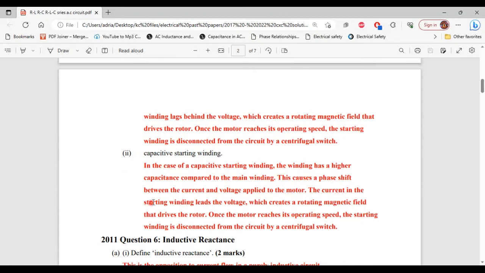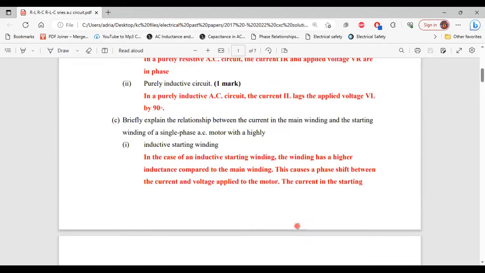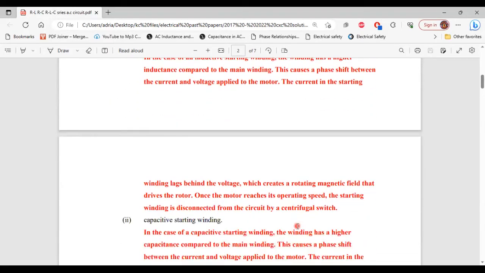The current in the starting winding leads the voltage, which creates a rotating magnetic field that drives the rotor. Once the motor reaches its operating speed, the starting winding is disconnected from the circuit by a centrifugal switch. All right, so that's it for part C, and that's it for this question.